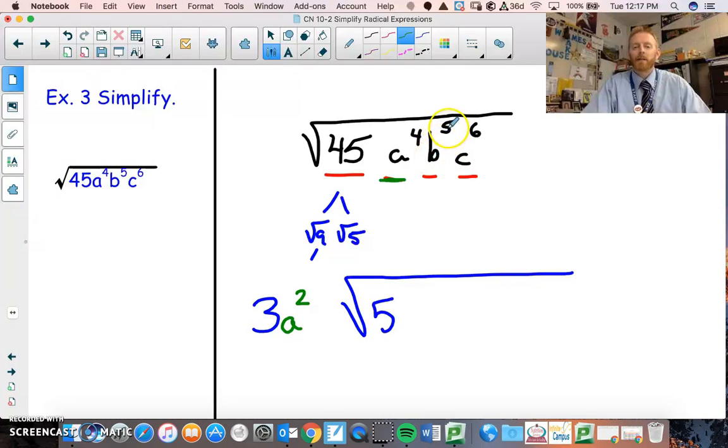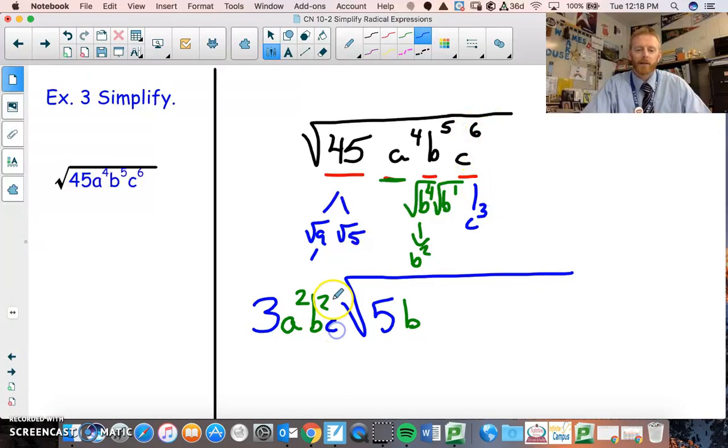A b to the 5th turns into a b to the 4th and a b to the 1st in square root land. So a b is going to stay left on the inside, and b to the 2nd, or b squared, comes out to the outside. And since c to the 6th is an even number, that just breaks down to a c to the 3rd, and that just comes to the outside, and there's nothing left on the inside.